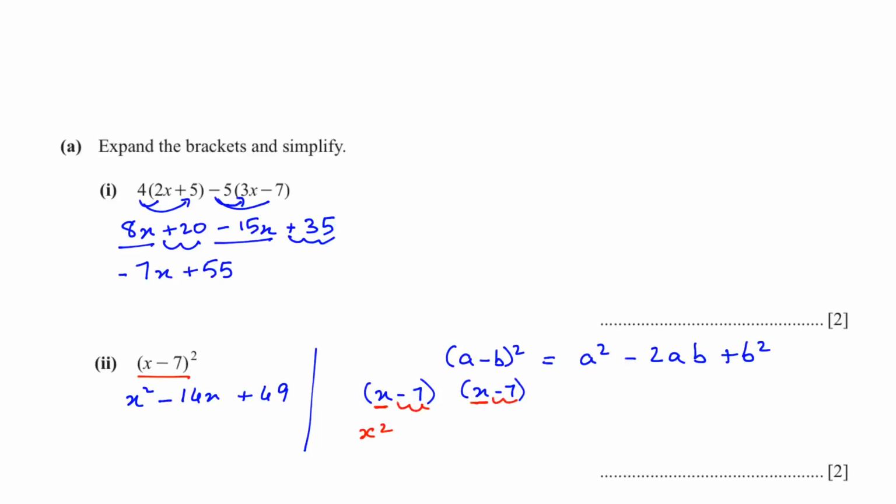These numbers, add them together. Negative 7 plus negative 7 is negative 14. Put an x. And then you multiply the numbers. Negative 7 multiplied by negative 7, positive 49. So you can choose whichever way seems easier to you.